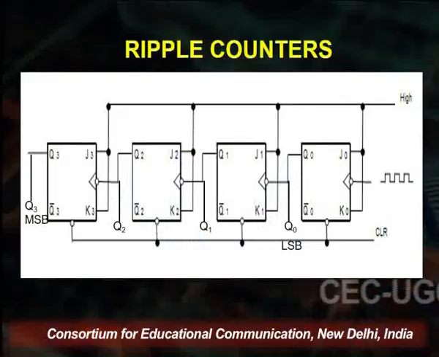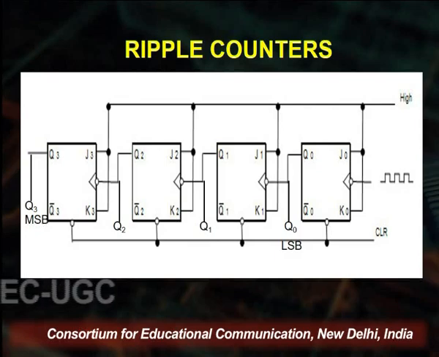The circuit starts behaving as a ripple counter only when the high signal is 1. So in this case, the high signal acts as the control input, and this circuit either acts as a memory element or acts as the ripple counter.